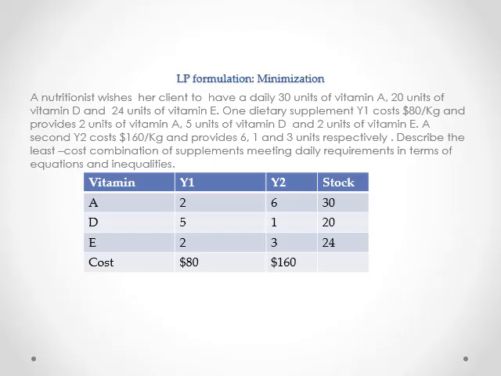That means the nutritionist has a total of 30 units of vitamin A, total units of vitamin D equal 20 milligram, and vitamin E equals 24 units.